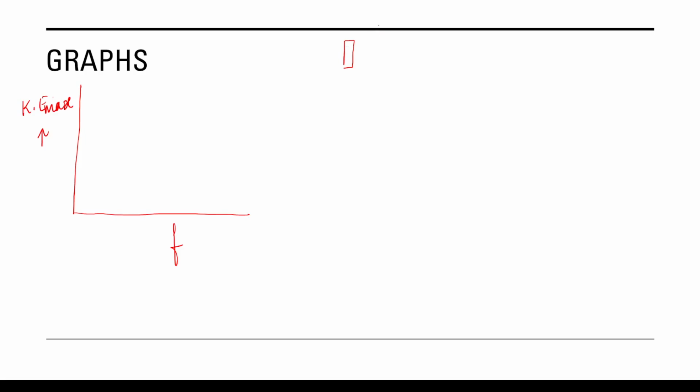So this is your metal plate. If the incident light, when you increase the frequency, what happens to hf? It increases. hf increases means hf minus work function would also increase. So this is the equation for my Ke max, isn't it?